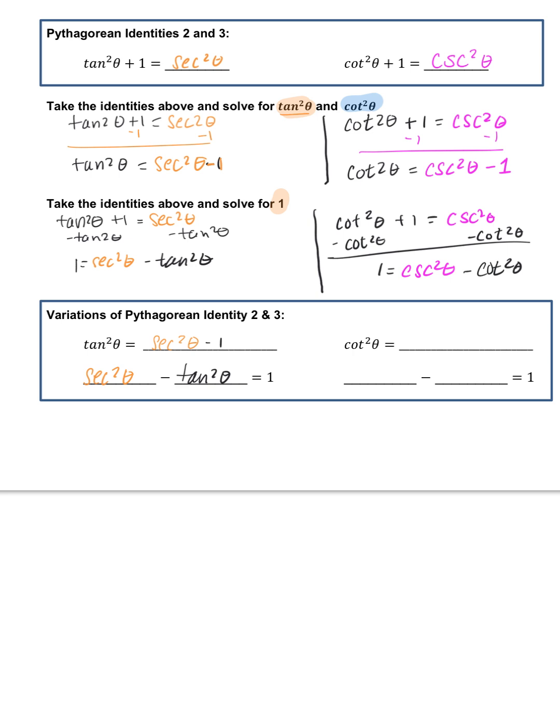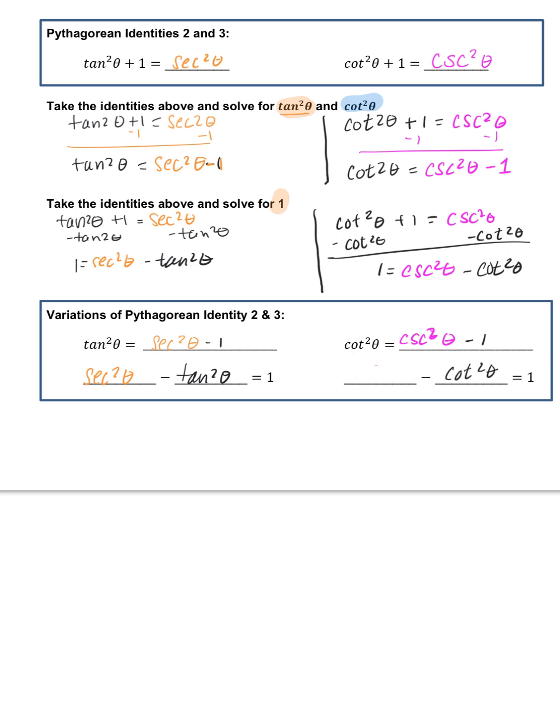We did cotangent squared theta equals cosecant squared theta minus 1, and 1 equals cosecant squared theta minus cotangent squared theta.